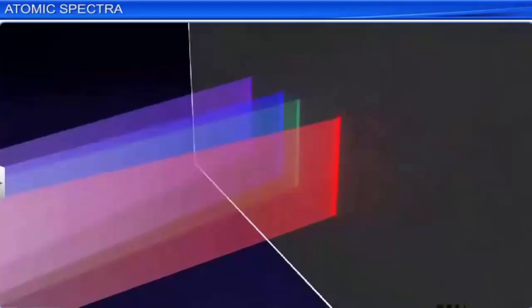In each series, we observe that the separation between successive wavelengths decreases as we go from the higher wavelengths towards the lower wavelengths. Each such set is called a spectral series. An important point to remember is that the wavelengths in each series approach a limiting value known as the series limit.